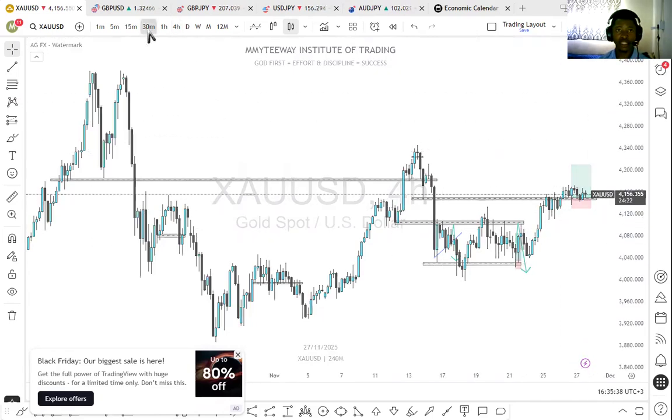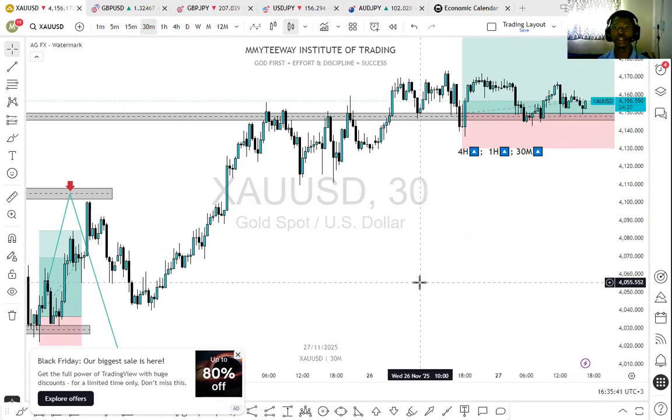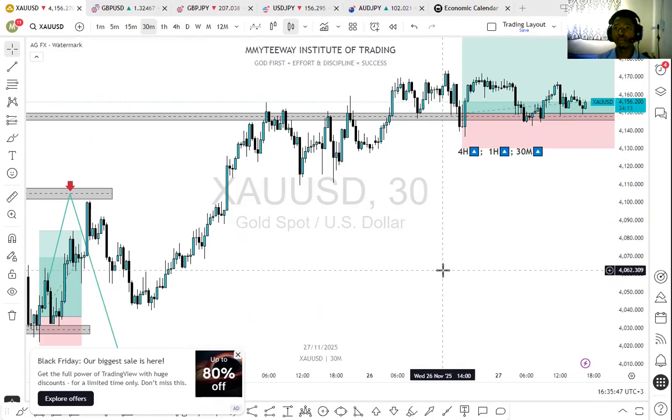But as we can see, if we come back to the 30 minutes where we wanted to execute our trade, we can see that the bigger candles are the bearish candles, which is not good for this trade. The bigger candles should be the bullish candles to show that there's an upward potential.